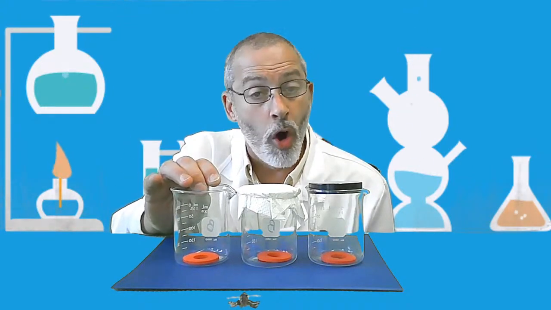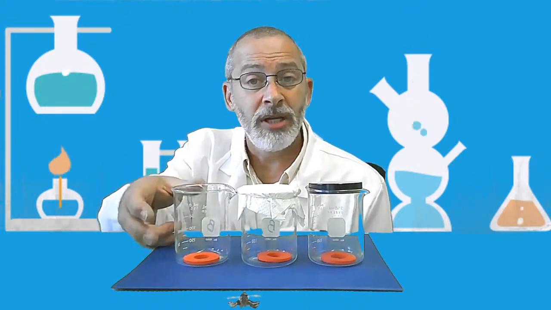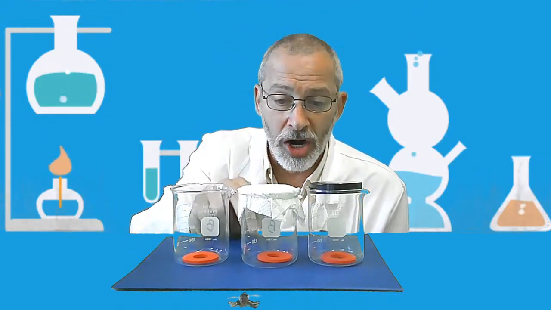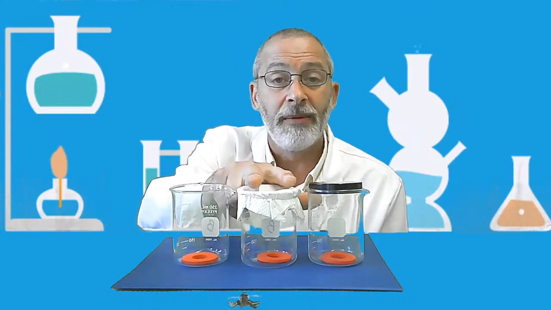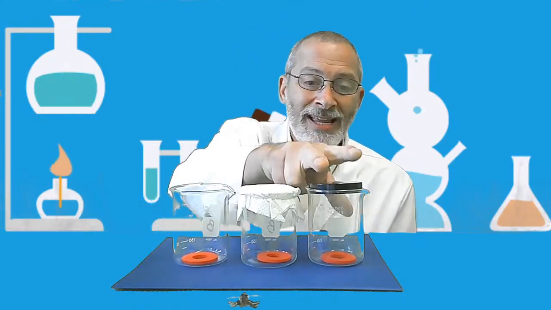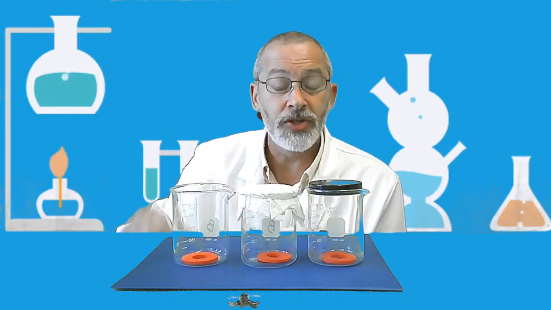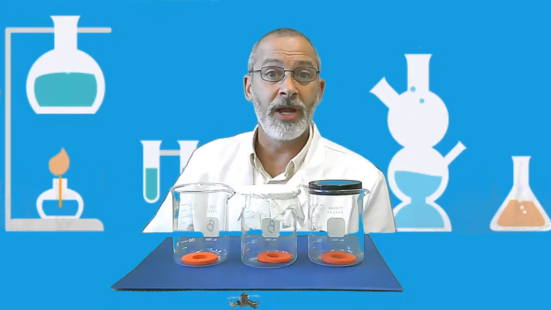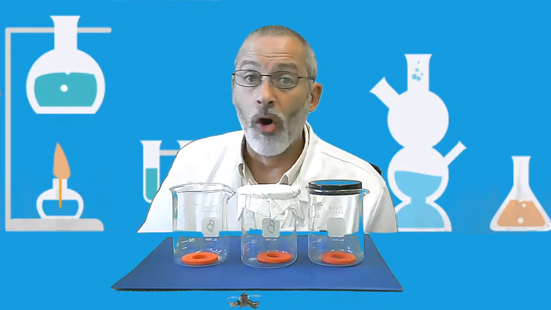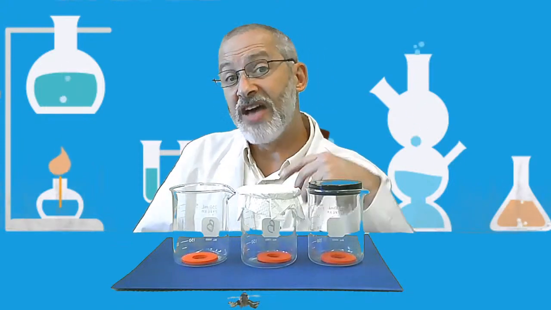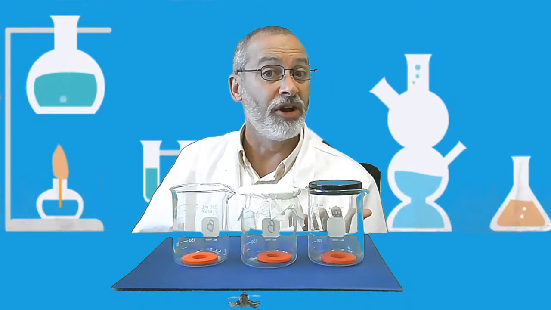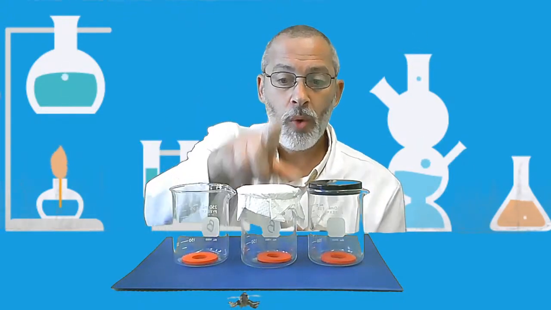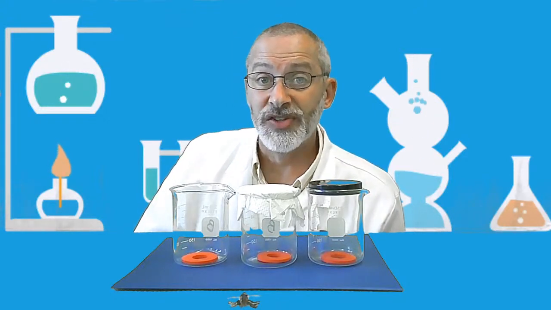Here we have an open jar with a simulated piece of raw meat in it, a second jar with the rotting meat in it, but with a paper towel over top, and a third jar with a lid, also with the rotting meat. So we've got three jars, all the same kind of jar. We've got rotting meat, all the same kind of meat. The only variable, the only thing that's different from one to another, is one is open, one has a cloth, and one has a lid.